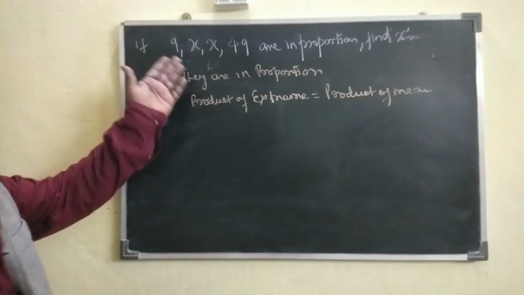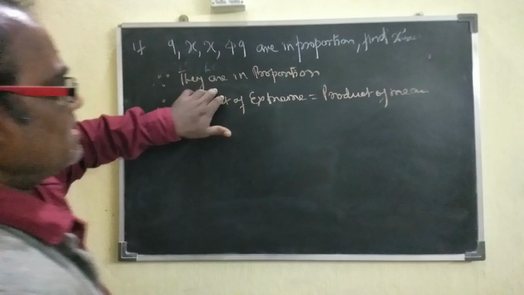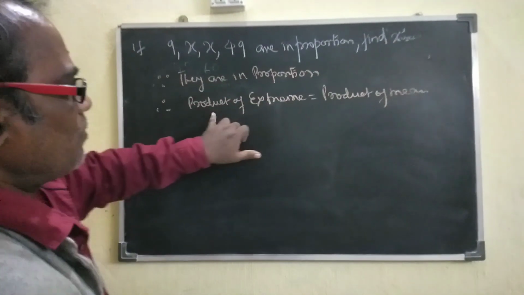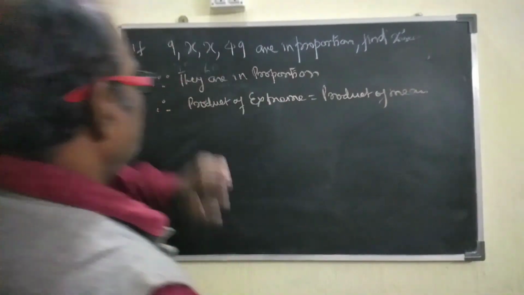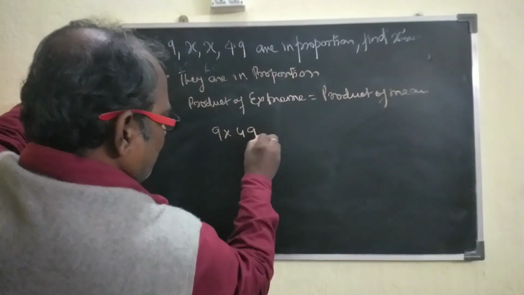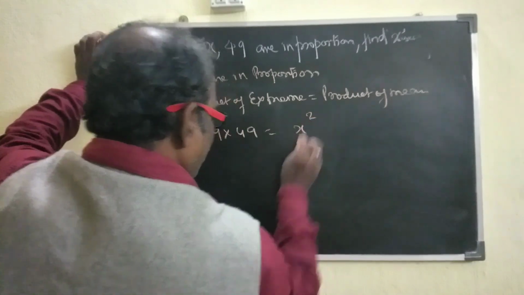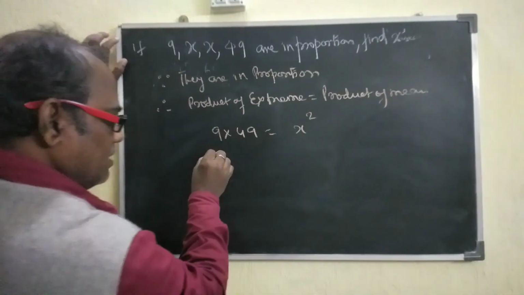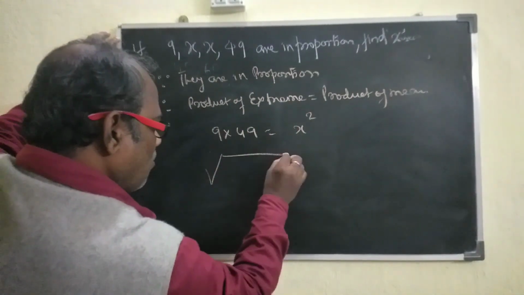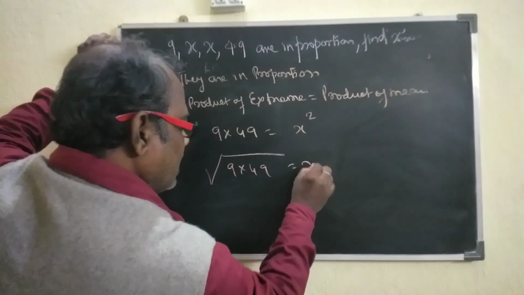This is another question: given that they are in proportion, find the value of x. We know that since they are in proportion, the product of extremes must equal the product of means. The product of extremes is 9 into 49, which must equal the product of means, x into x, which is x square. Now the square power goes to the other side and it becomes root over 9 into 49 equals x.